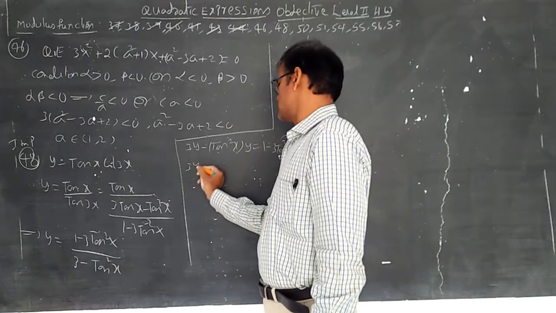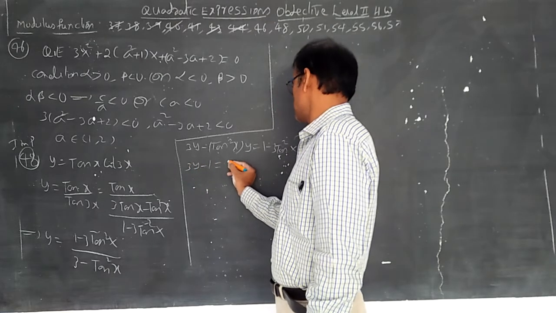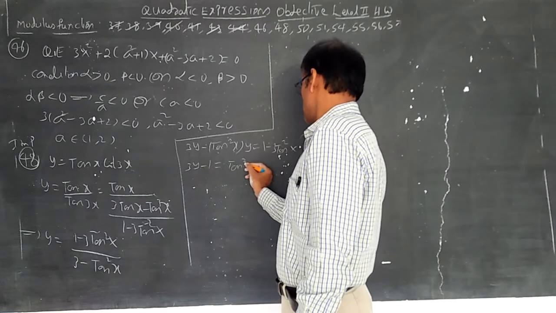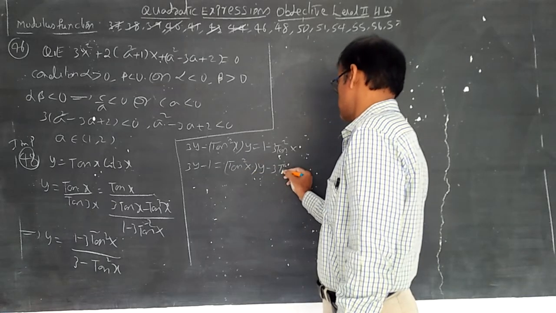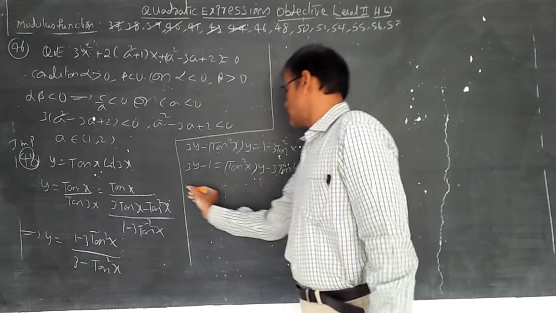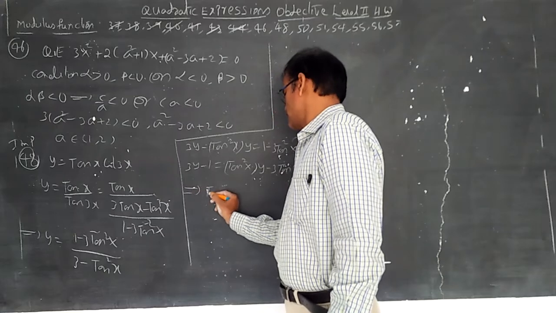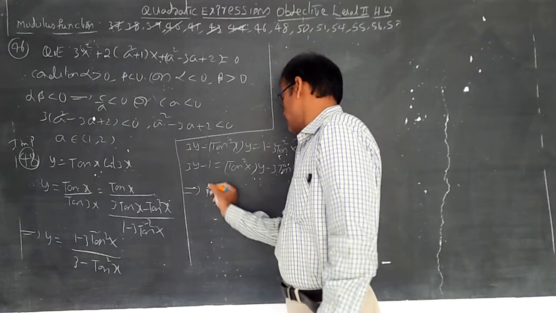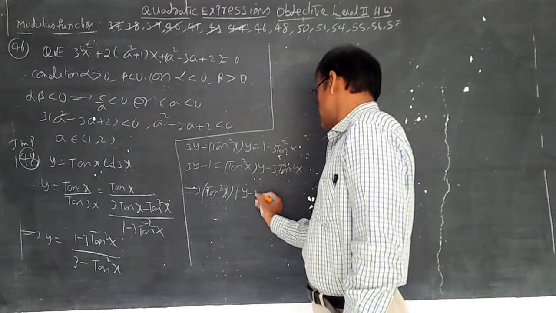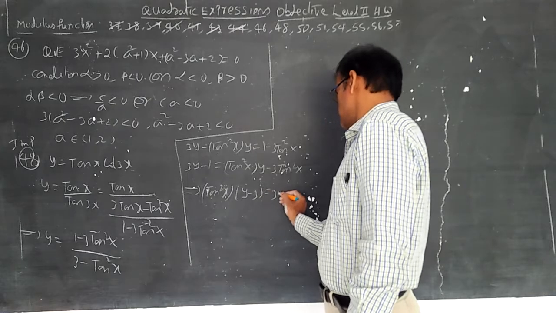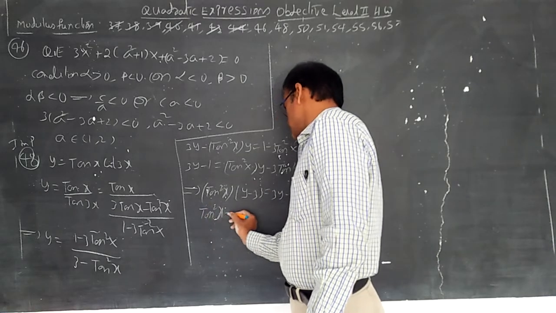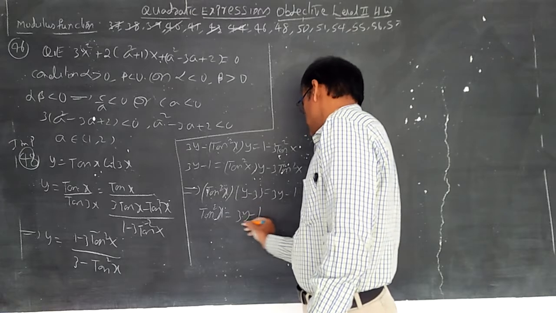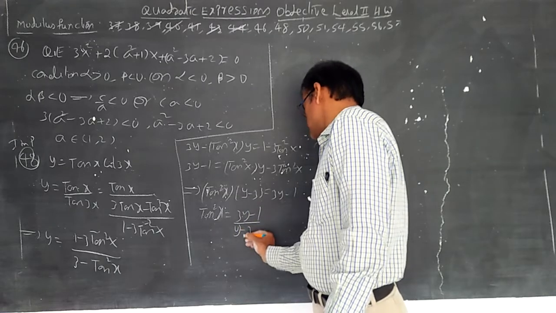And rearranging, 3y minus 1 is equal to tan square x into y minus 3 tan square x. That implies tan square x taken common, you can write this as (y minus 3) is equal to 3y minus 1. That implies tan square x is equal to (3y minus 1) by (y minus 3).